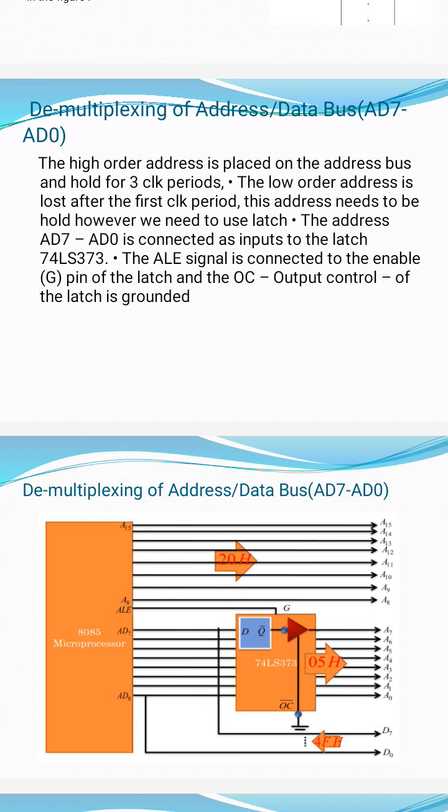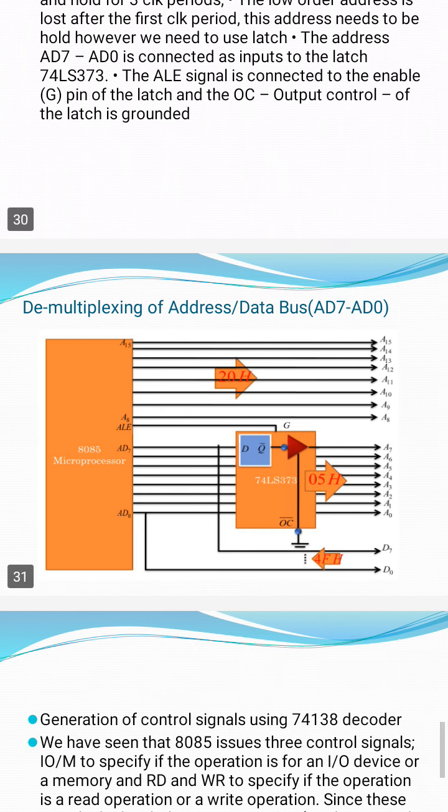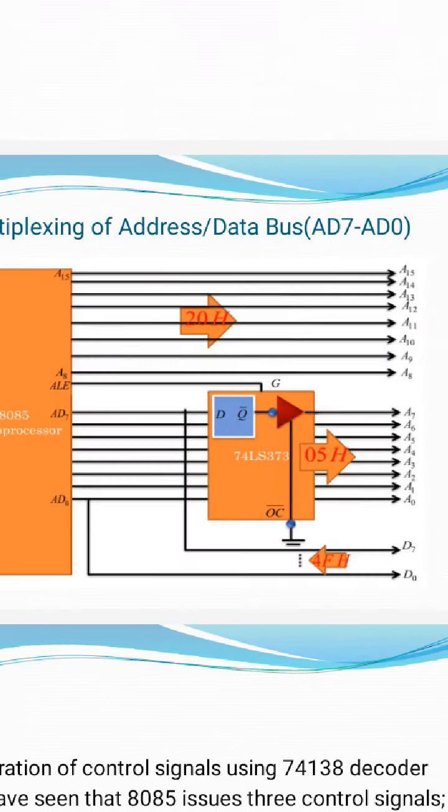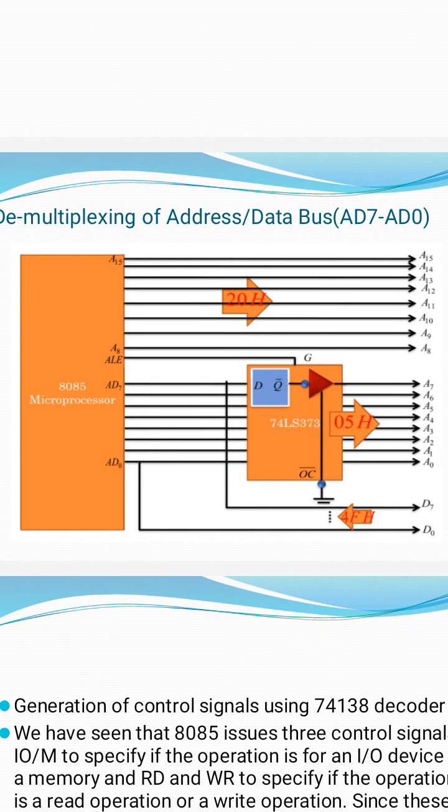So in this way, using ALE and with the help of a latch 74LS373, the microprocessor demultiplexes the address and data bus.